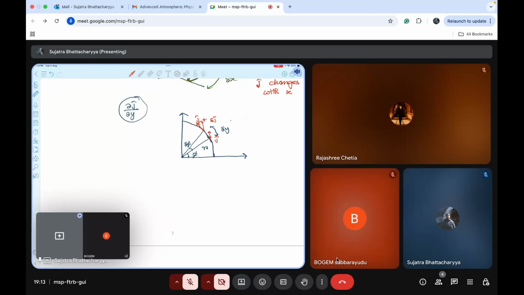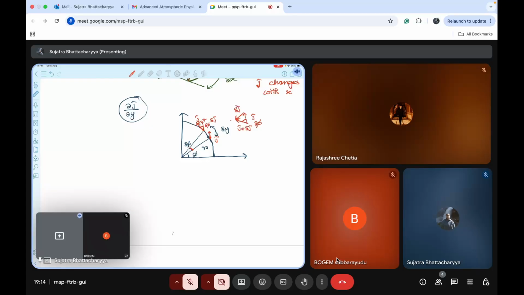So what is happening is that this j hat is here, and j hat plus delta j hat is somewhere here. If you look at the direction, it is your delta j hat. This is your j hat, this is your j hat plus delta j, and this angle will again be delta phi.